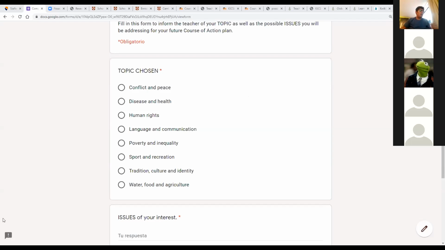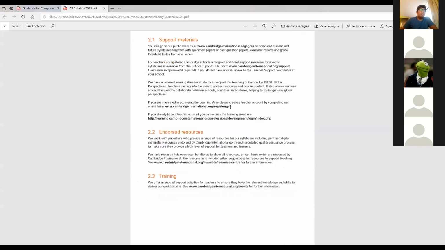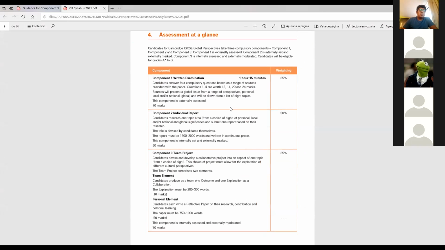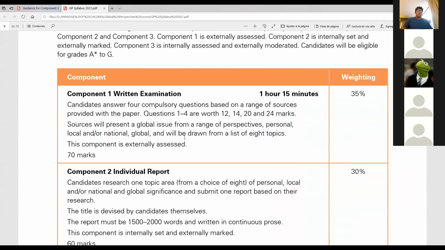For the component number 1, okay, we have only 10 more minutes, so we'll try to do it in haste. For the component number 1, which is also in the syllabus, which was the written examination, remember, I'm repeating some of the stuff because there are more people here. For the component number 1, which is a test of 1 hour and 15 minutes, how do you prepare yourself for this?